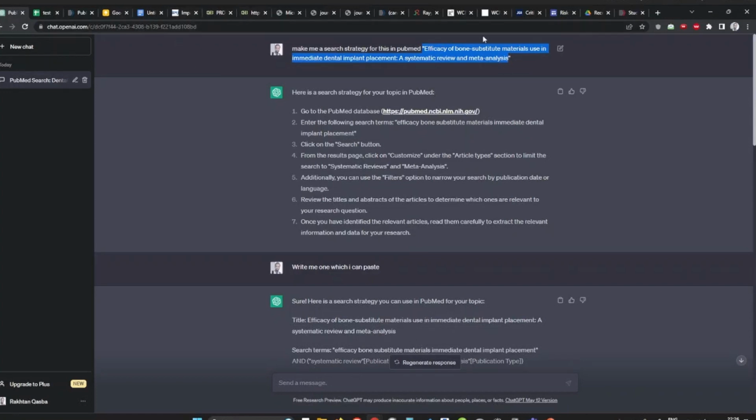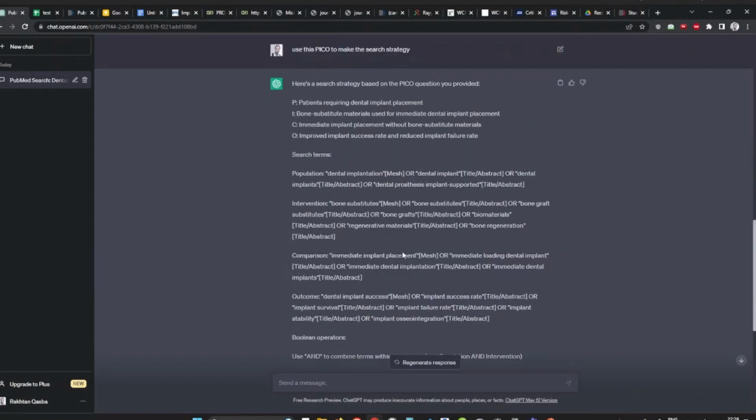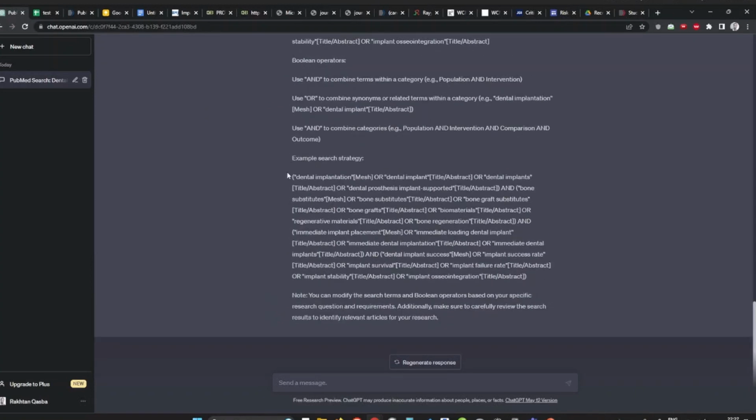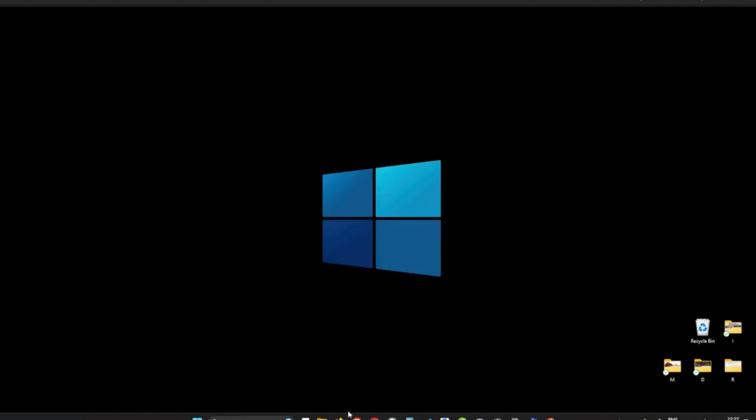We had that dental paper, so it gave me a search strategy for the dental paper, which I can put in different databases. Would I use this if I was a beginner? No. I would at least have a basic knowledge of what this is talking about. After that, I will copy this search strategy into different databases and pull out my papers.